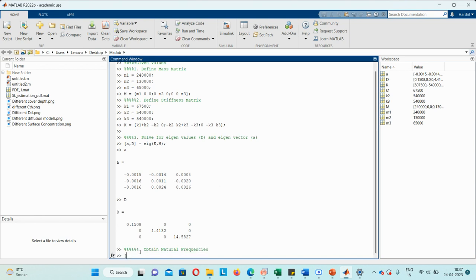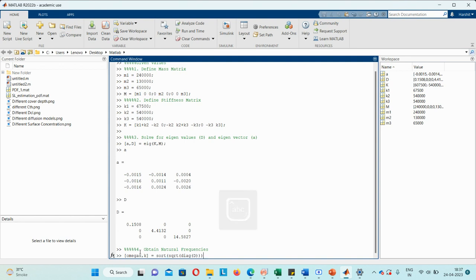From the solution we may or may not get the right sequence of natural frequency and mode of vibration, so to do that, we'll use the sort function as well. So omegas comma k, where omegas are the natural frequencies and k is the order: first mode, second mode, and third mode. It will be sort of sqrt of diagonal D.